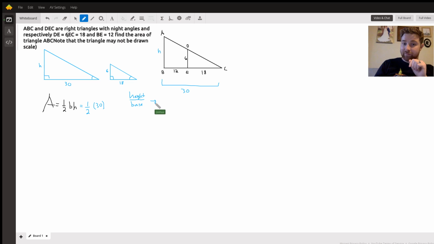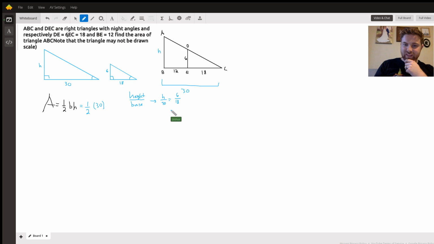The height of the big is going to be h, and the base of the big is going to be 30. By similar triangle rules, it should be equal to the height of the small over the base of the small. And now we actually have an equation we can work with.